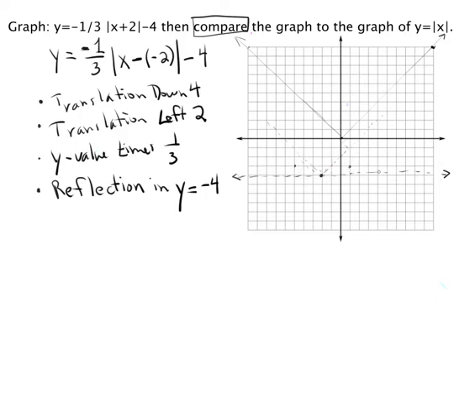The next one would be over 6, because it works nicely with a third. So up 6 would be 2. A third of 6 is 2. A third of 9 is 3, so that would be 3 up. And then 12 would be 4. I'm going to go all the way across to the edge of my graph to get as many points as possible so that my line is accurately drawn.